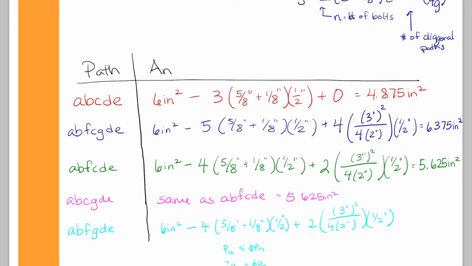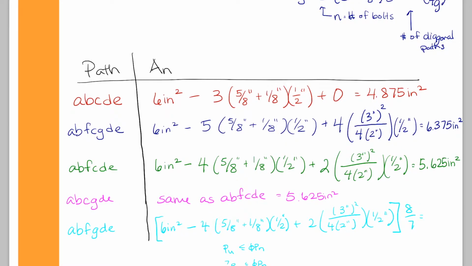And so therefore I need to bring the 7/8 to the other side, and then multiply my net area or my effective area by it. So I need this 8/7 factor. Okay, so to compare path to path, I'm going to multiply this by 8/7. This will then increase the area and is then not likely to control in my design.